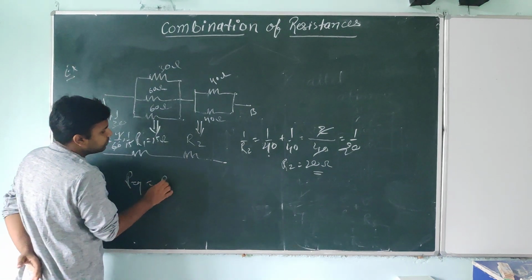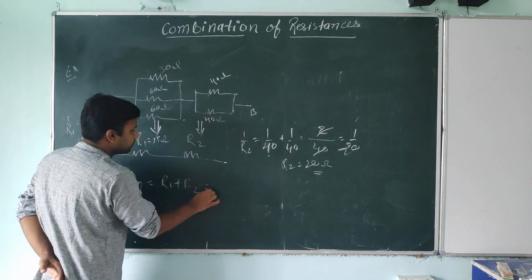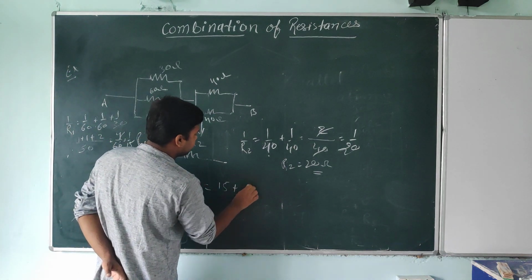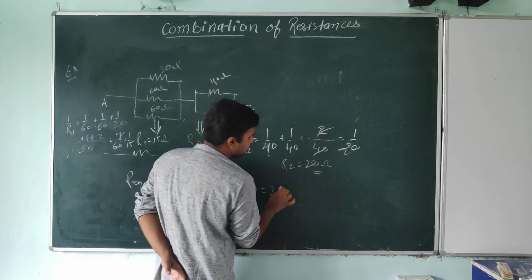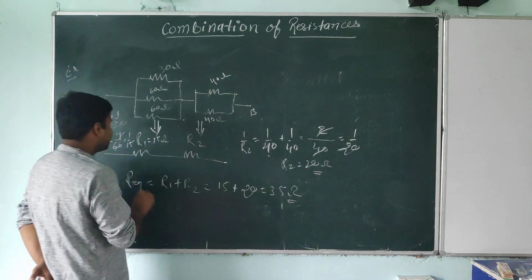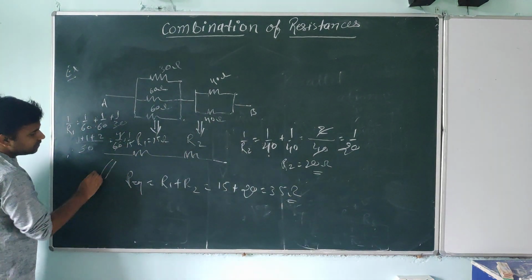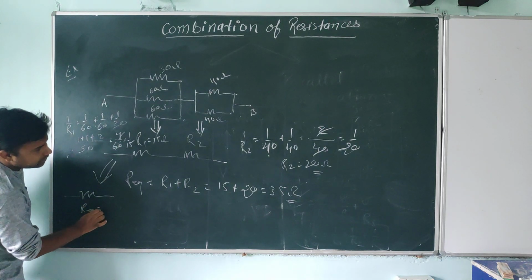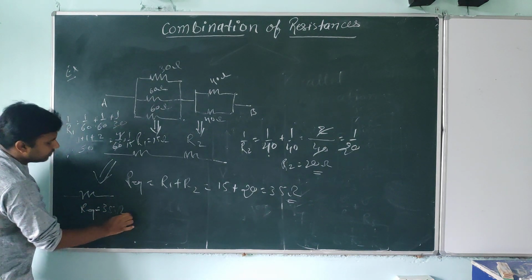R equivalent equals R1 plus R2. How much did we get? 15 plus 20. So the answer is 35. So it means the resultant you will get is one resistor R equivalent and the value is 35 ohm.